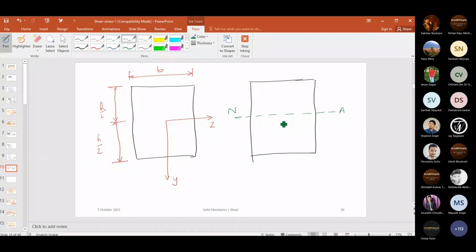Now let us consider, at a depth y from the neutral axis, what is the shear stress at this level? If I know the shear stress at this level, then I can find out everything everywhere.